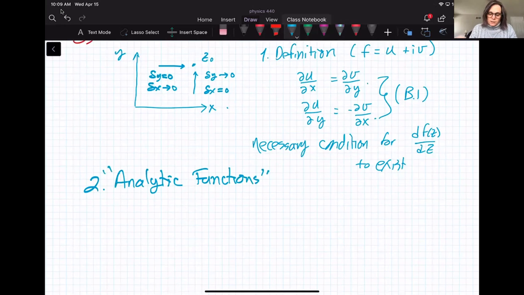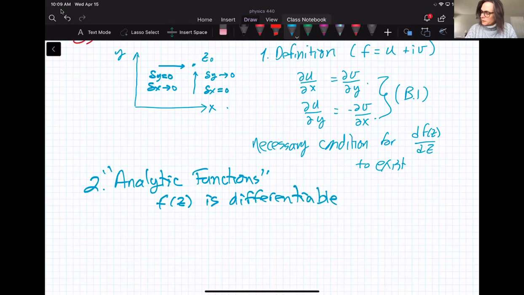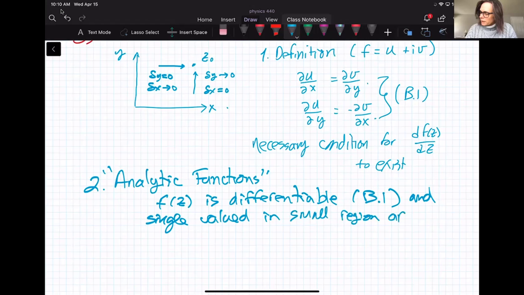Analytic functions are basically functions in which f of z is differentiable, that is, it meets the criteria in B.1, and is single valued in some small region around z naught.